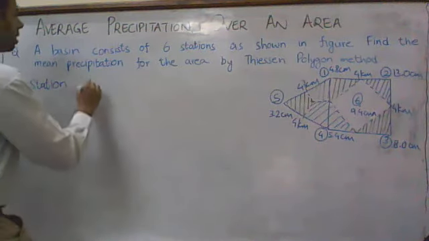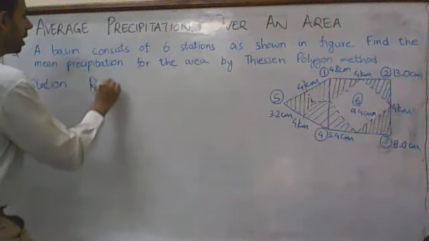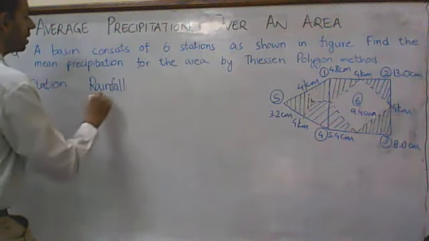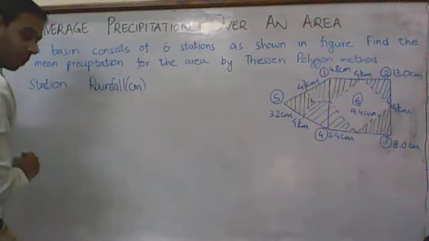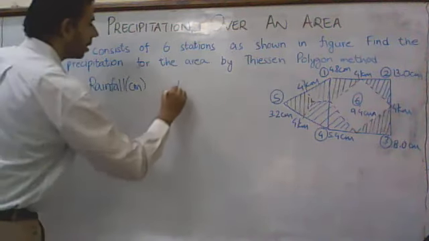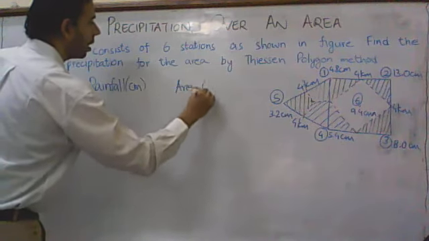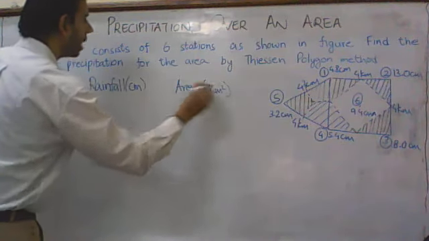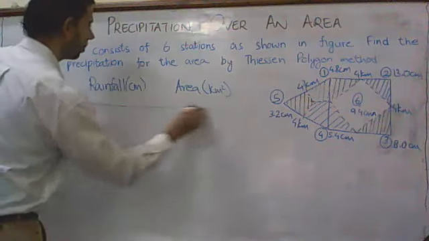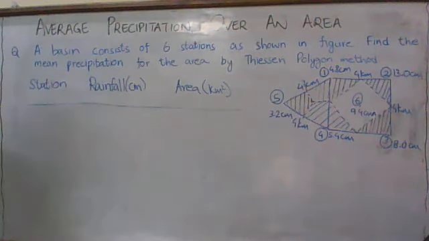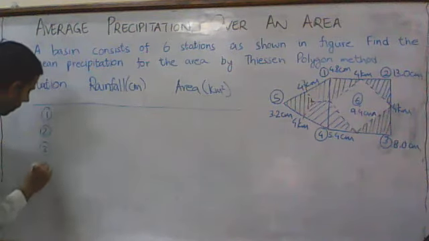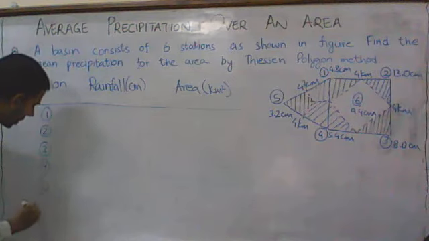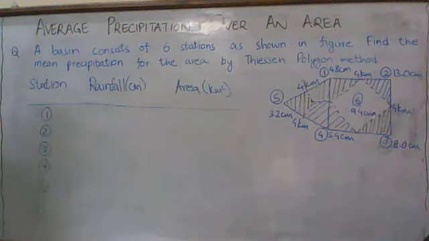The second column is the rainfall, and in this case, rainfall was in centimeters. Next is area, and area was in square kilometer. There were 6 stations: 1, 2, 3, 4, 5, 6.